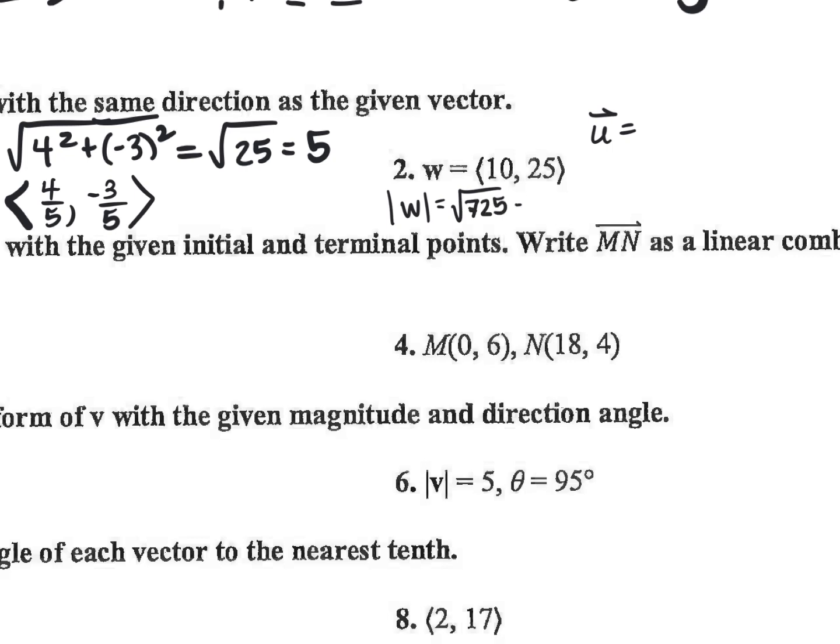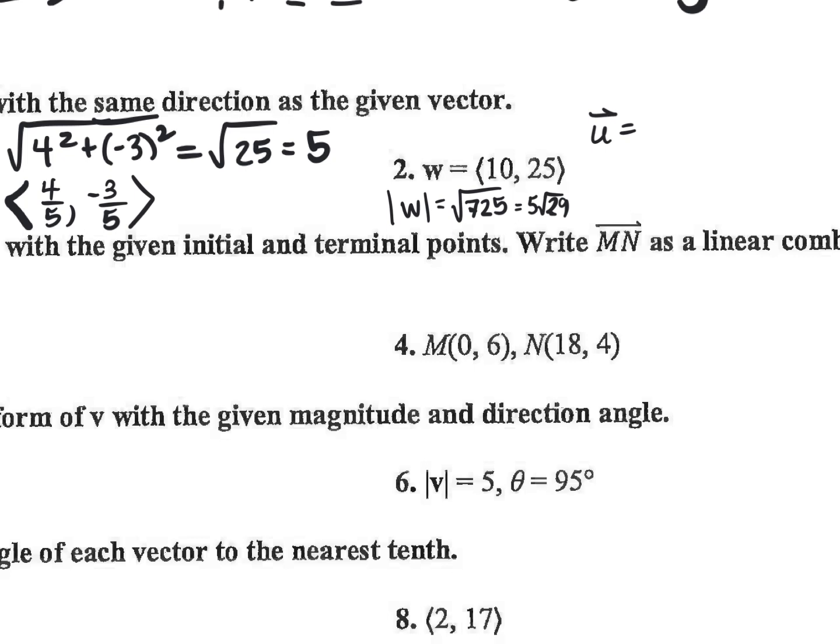Now here's the problem though. What happens if it's something that can be simplified? Can the square root of 725 be simplified? What could we divide 725 by? By 25, right? So how many times will 25 go into 725? Okay, so this would end up being 5 root 29.